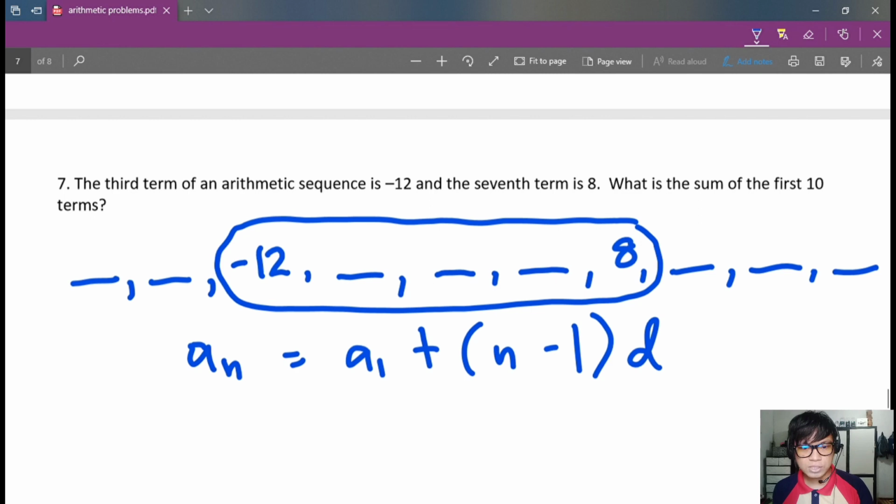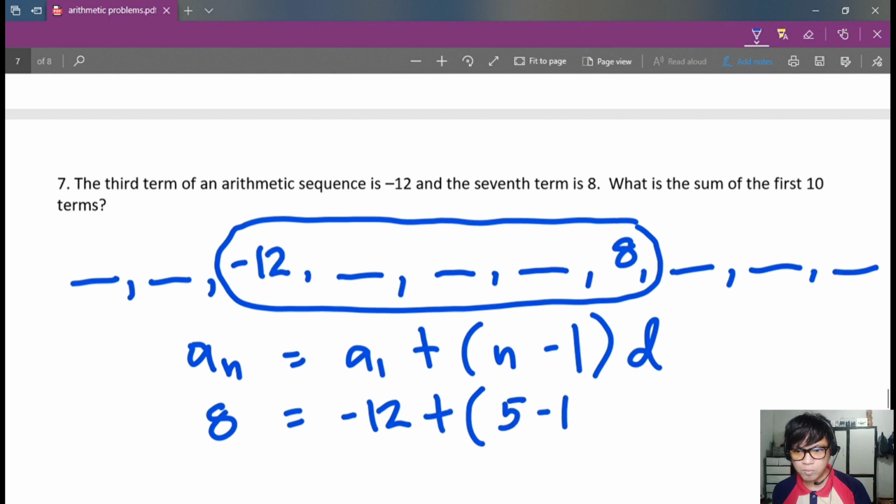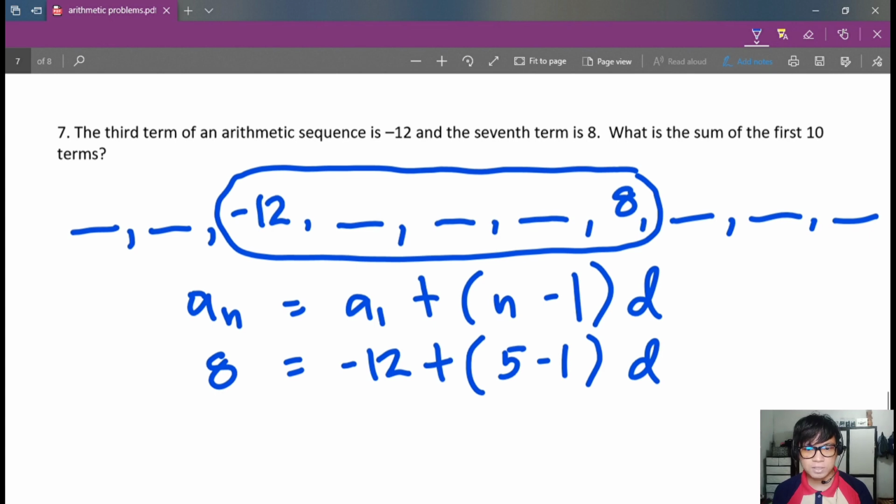Okay, so our last term 8 is equal to negative 12 plus, so ang n natin hindi na siya 10, kasi nag-focus lang man tayo dito. So there are 1, 2, 3, 4, 5. So there are 5 terms. 5 minus 1 times d. So yun yung hinahanap natin, yung common difference muna. So 8, ilipat na yung negative 12, that's plus 12, is equal to 5 minus 1 is 4 times d, that's 4d.